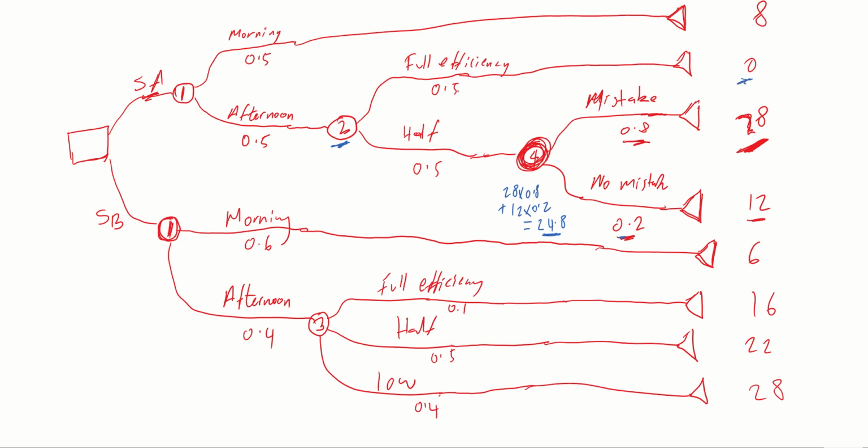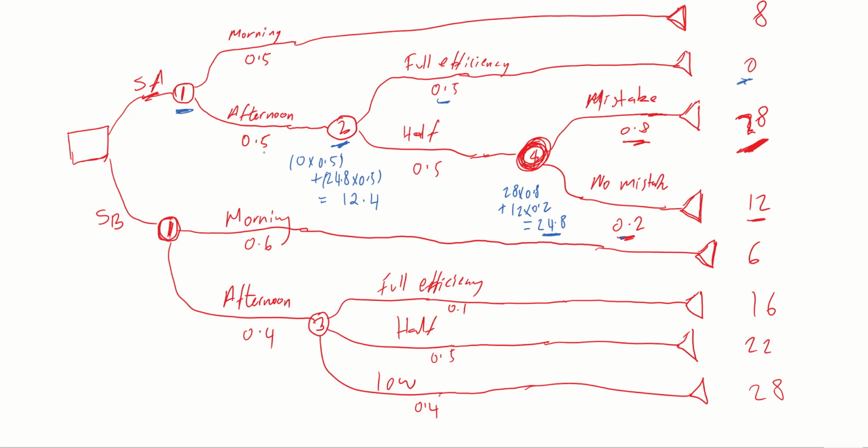So that's 0 multiplied by 0.5, plus the 24.8, which we calculated in the previous step, multiplied by 0.5. And the answer at node 2 should be equal to an EMV of 12.4.